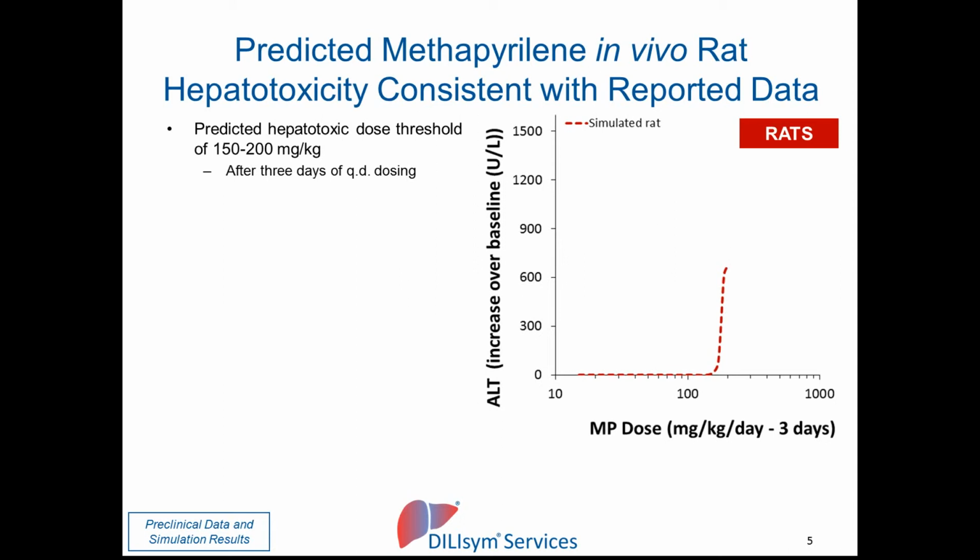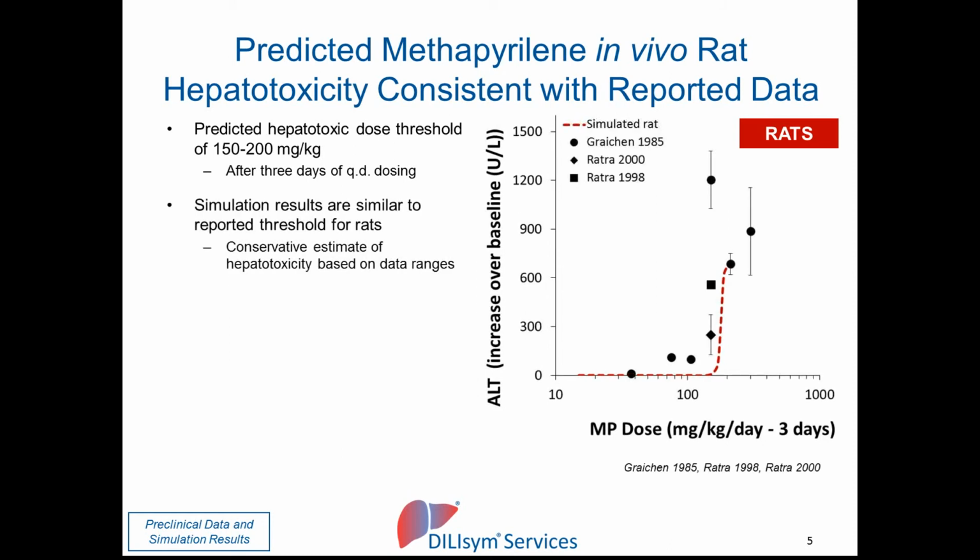Pulling these parameter values together, our initial simulation in the baseline simulated rat predicted pretty substantial increases of ALT, up to 500 times the baseline ALT values, with a threshold across the dosing range of 150 to 200 milligrams per kilogram QD dosing over 3 days.